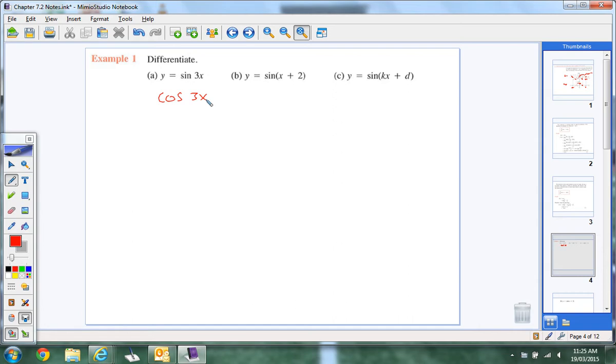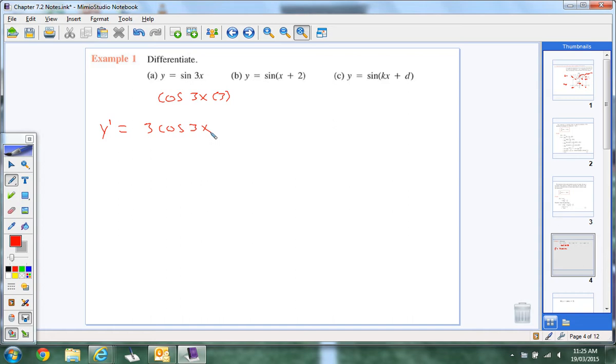What's the derivative of 3x? 3. That would be your answer. Yep, that's how I'd prefer you to write it. So we'll call this y prime equals 3 cos 3x. That's the derivative of sine 3x.